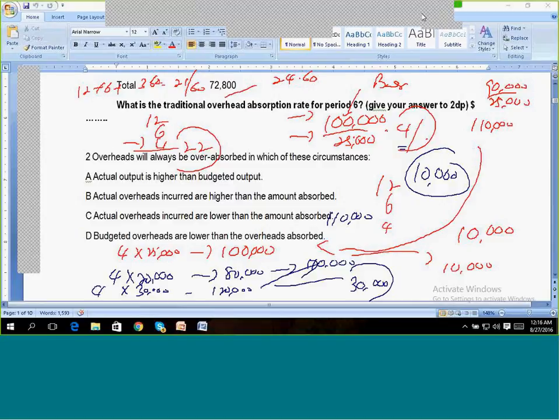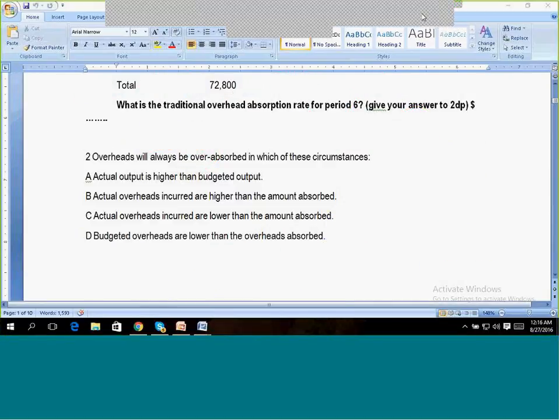So how does it happen? Simply, it is the amount that you absorbed.